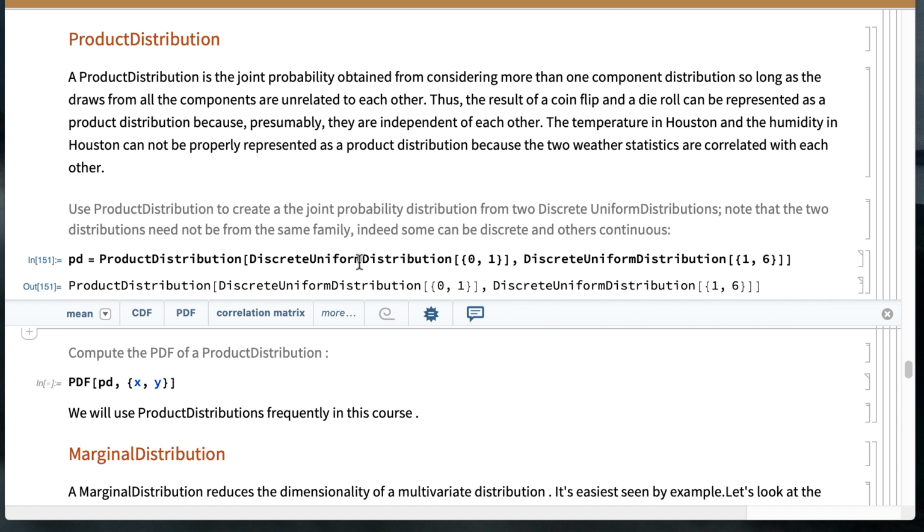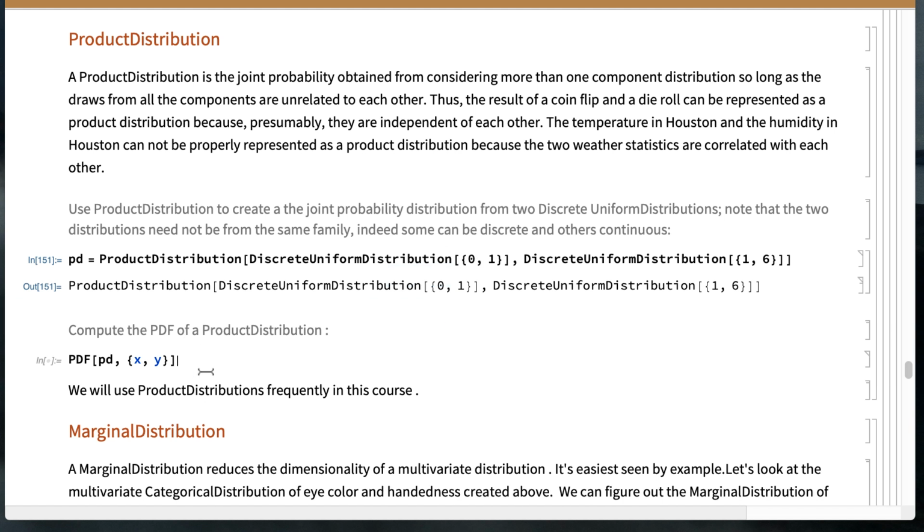So if I have a discrete uniform distribution on 0, 1, and a discrete uniform distribution on 1 to 6, this is asking me basically, hey, what's the probability that you're going to get a heads and a 6? And that's for a fair coin and a fair die, that's simply 1/2 times 1/6.